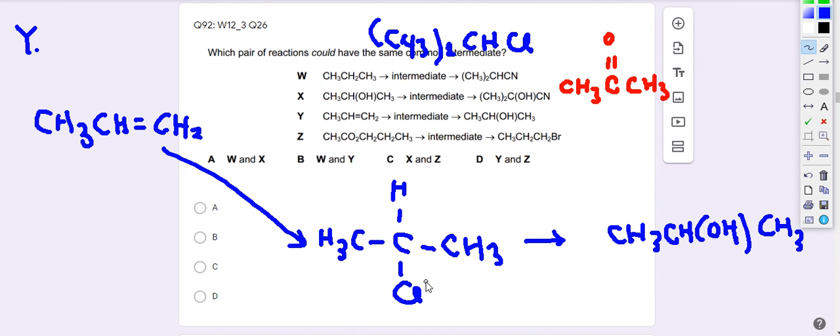Now, can I turn this to halogenoalkane? Yes, I can use HCl. If I add HCl, H is added to this carbon, Cl is added to this carbon. So I get this chloropropane. So the intermediate is a chloropropane, which actually looks like the intermediate for the W reaction. It's okay, we just write down first. We can check later because we still have one more reaction to go, which is reaction Z.